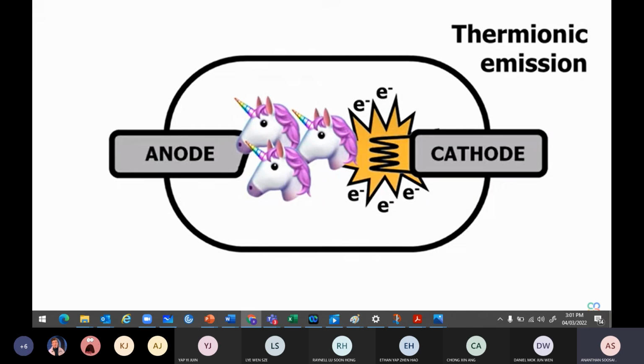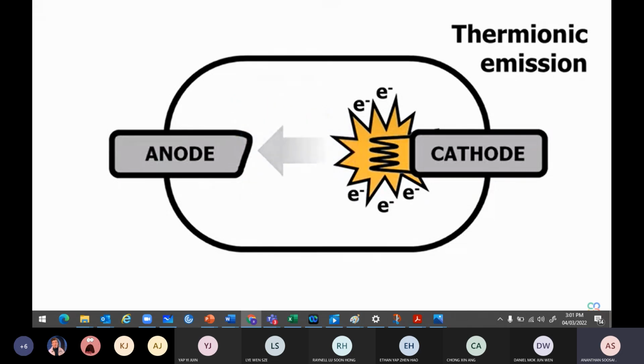Not really, but the second step of X-ray production is accelerating these electrons, which gives them extremely high kinetic energy. This is accomplished by an electric voltage that we call kilovoltage potential, or better known as kVp. The kVp creates a strong negative charge in the filament that forces the electrons across the X-ray tube.